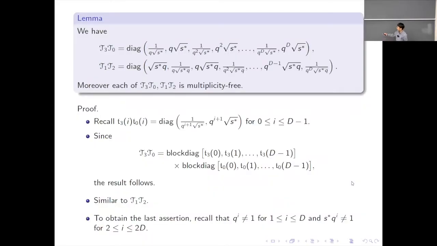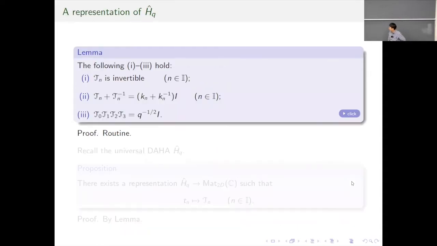We routinely multiply these two matrices. Then Tau 3, Tau naught, Tau 1, Tau 2 is a diagonal matrix, but actually the product of these four matrices permutes because each Tau n is invertible. So Tau naught, Tau 1, Tau 2, Tau 3 is equal to the identity matrix multiplied by the scalar Q to the negative 1/2.